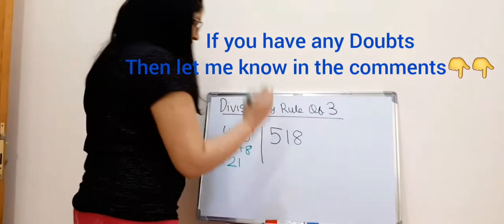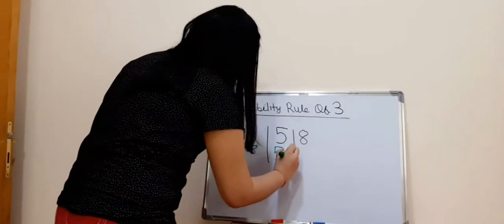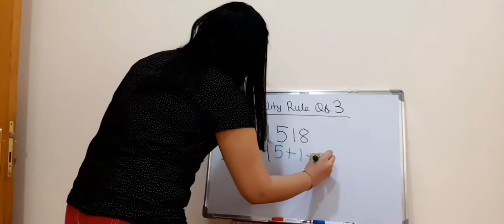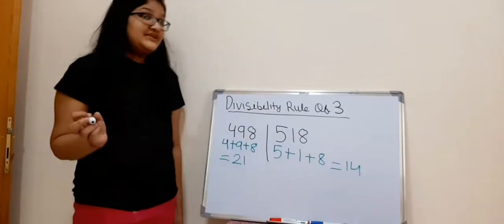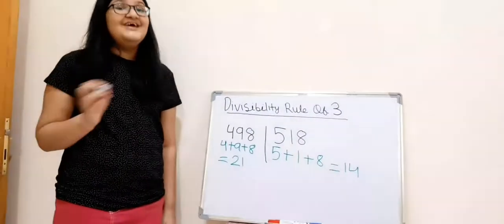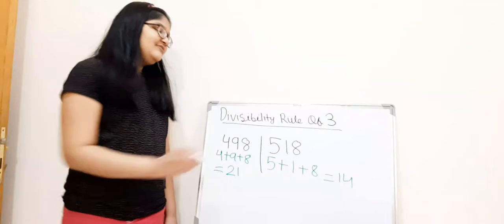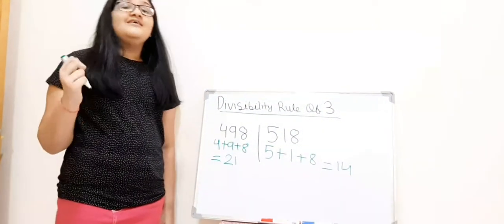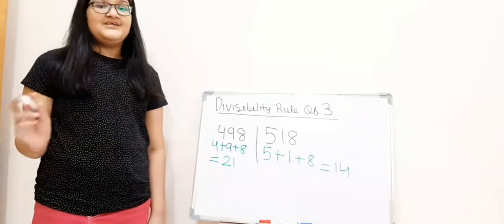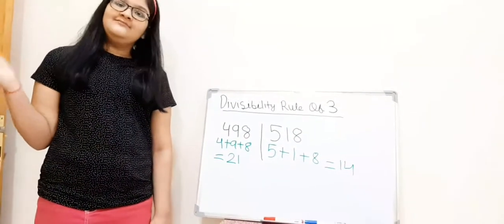Now let's see the next number, 518. So we have to add the digits, 5 plus 1 plus 8, which is 14. Now is 14 divisible by 2? I mean to say by 3? No, right? 14 is not divisible by 3. Then 518 is also not divisible by 3. So, got to know the rule? If the sum of all the digits is divisible by 3, then the number is also divisible by 3.